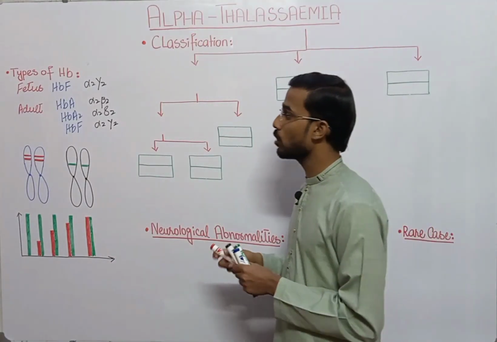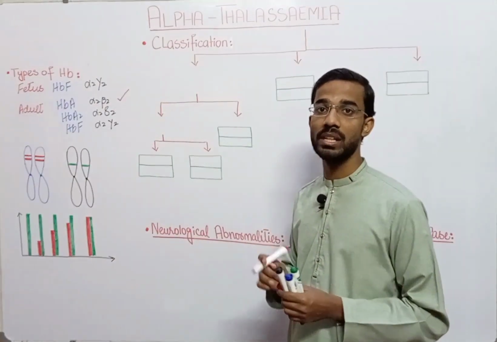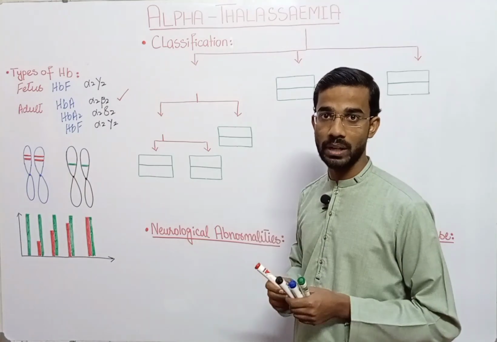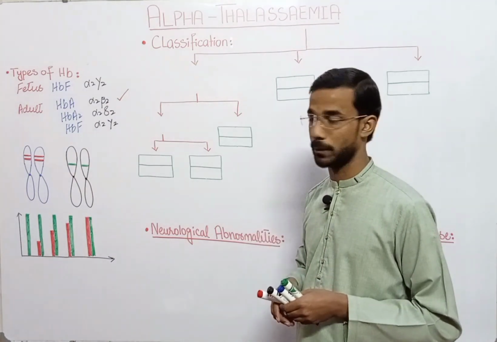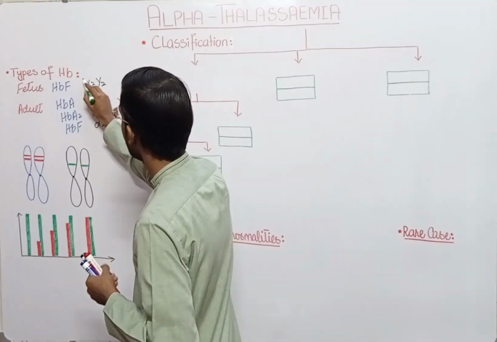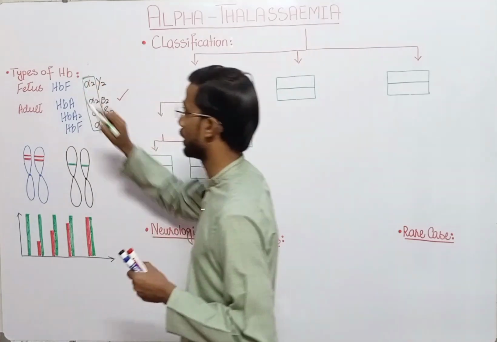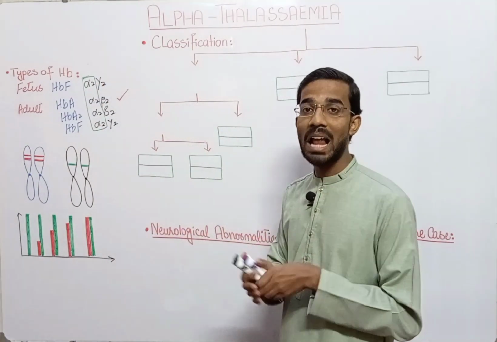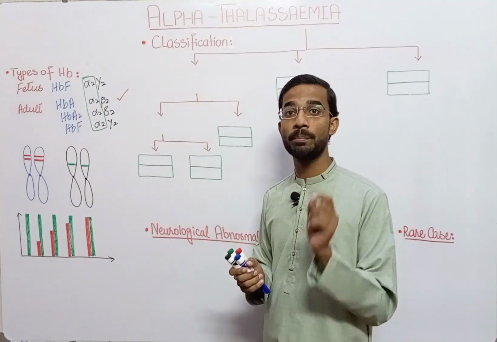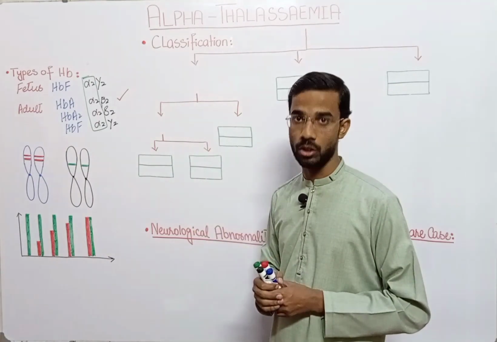But the important hemoglobin is hemoglobin A. It is present in large amounts and plays an important role in the body. You will see that all hemoglobins have alpha globin chains in them, so the alpha globin chain is important in the formation of all these hemoglobins.